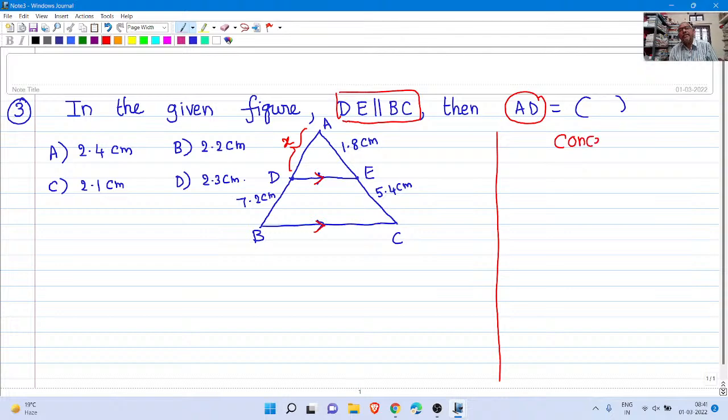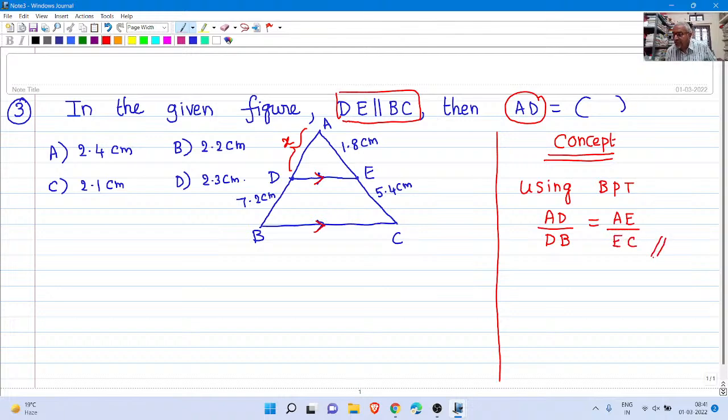This problem is related to similar triangles, application of the Thales theorem or basic proportionality theorem. Using BPT, if DE is parallel to BC, AD by DB is equal to AE by EC. Use this formula, then you will get your answer.